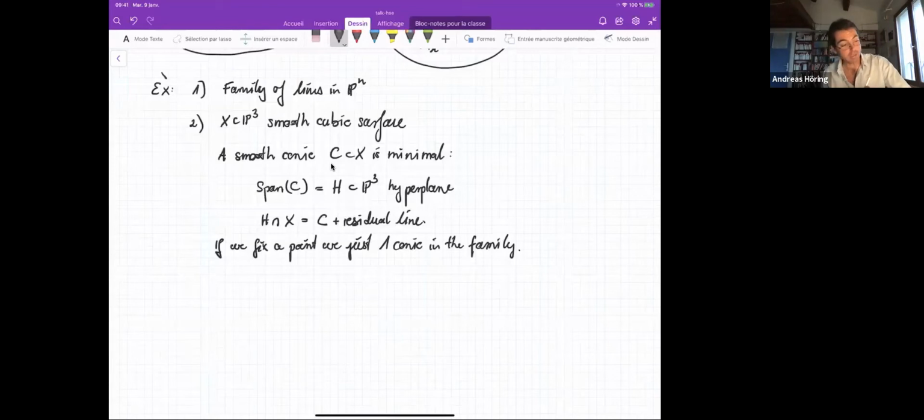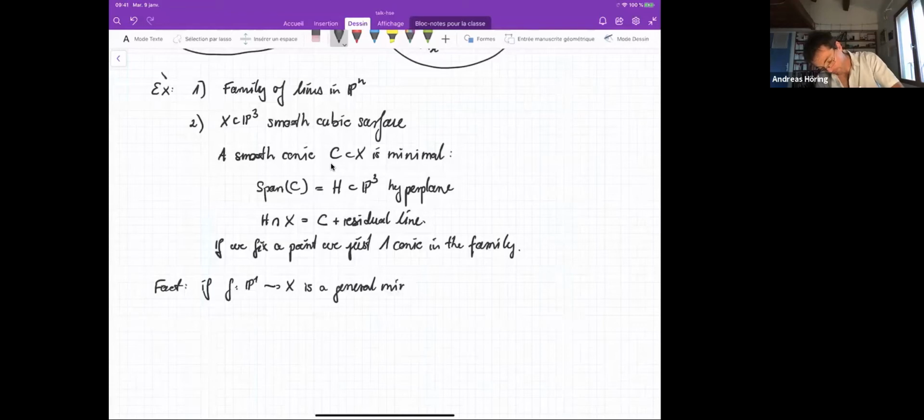If you take a general minimal rational curve, as I said, it always comes in a family which covers, which dominates your manifold X. And if we take now a general member of this family, a general minimal rational curve, then you have the following properties.